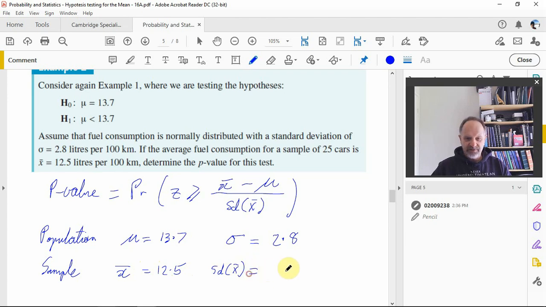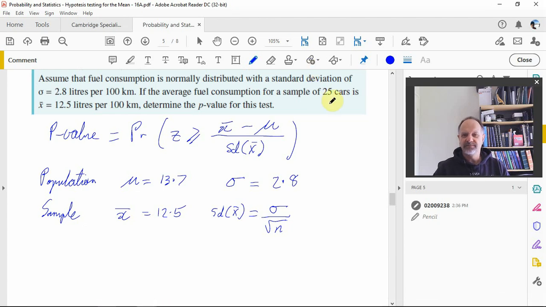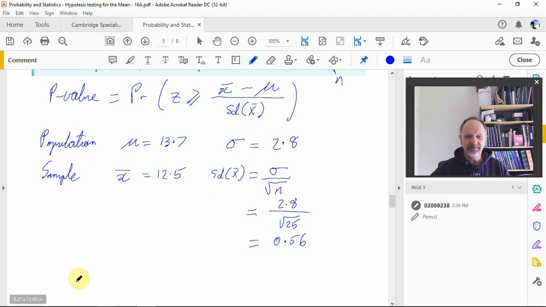Now, the standard deviation of our sample is our population standard deviation over the square root of our sample size, and our sample size was 25 cars. So the standard deviation of our sample is 2.8 over the square root of 25, which is 2.8 divided by 5, which is 0.56.